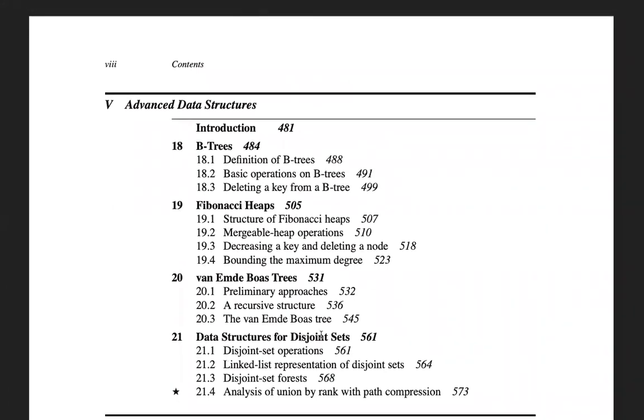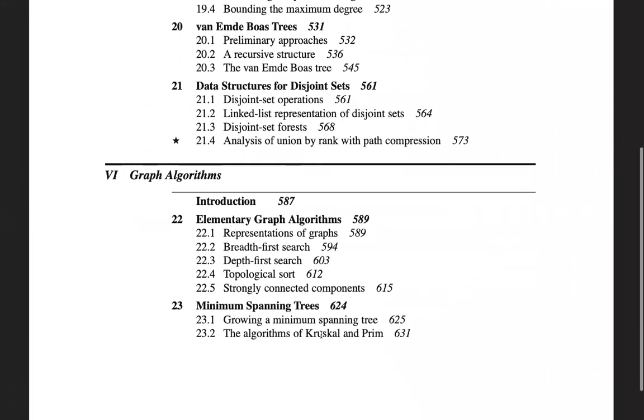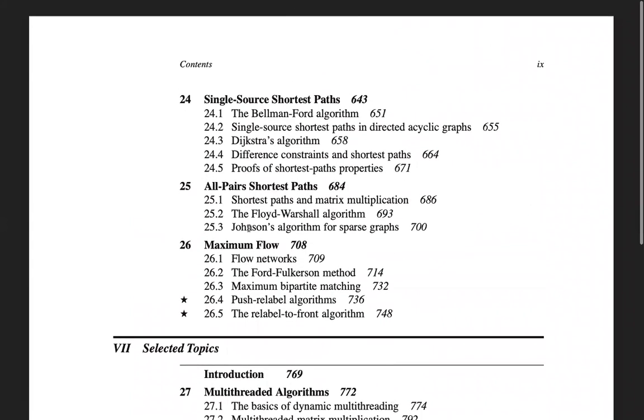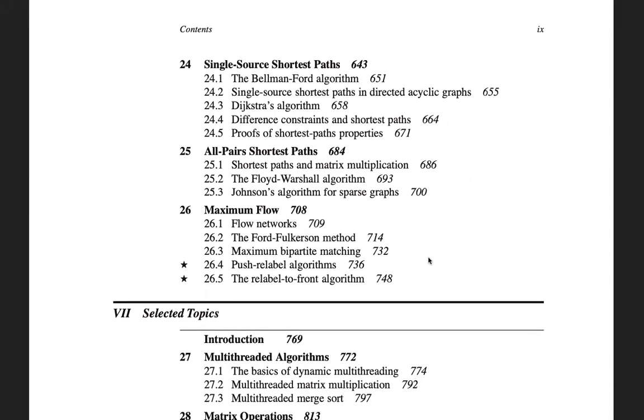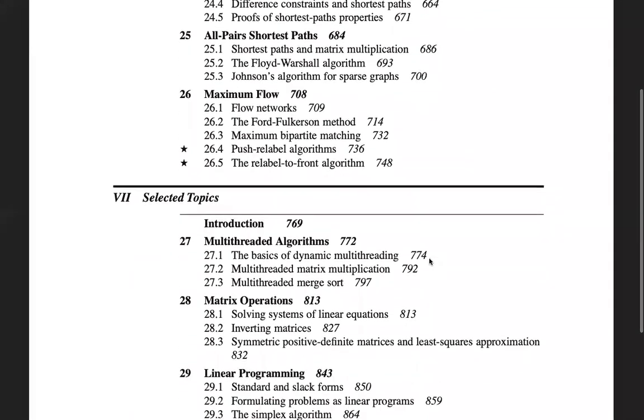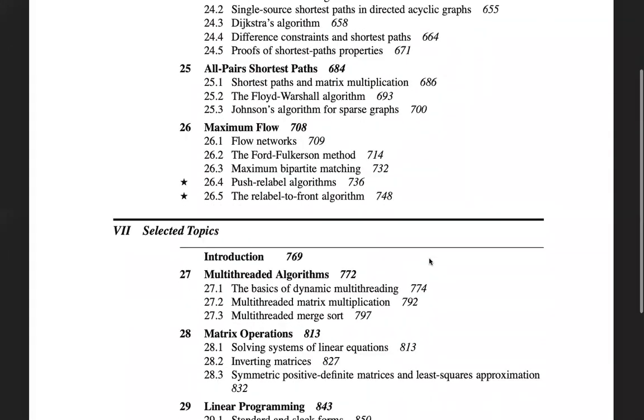I have not done advanced data structures either. I have gone over graph algorithms: elementary graph algorithms, topological sort, BFS, DFS, minimum spanning tree, single-source shortest path, all-pairs shortest path, and maximum flow, both Ford-Fulkerson and maximum bipartite matching.